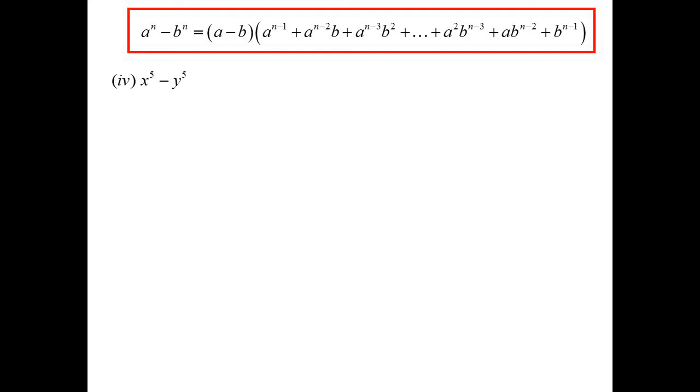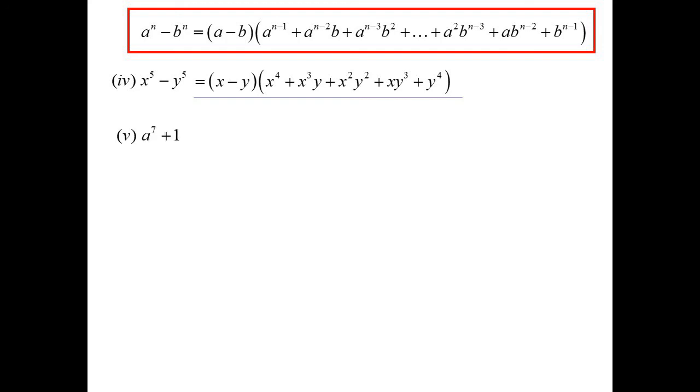So if I have x to the power of 5 minus y to the power of 5, there it is. X minus y. And then powers of x are going down by 1. X to the 4, x cubed, x squared, x. Powers of y are going up by 1. So power of 0, which is just 1. Power of 1, power of 2, power of 3, power of 4. Now, that second one could also be factorised, but a little bit of work to be done there.